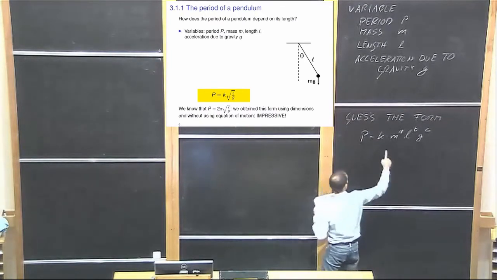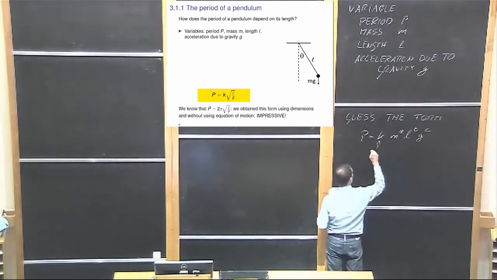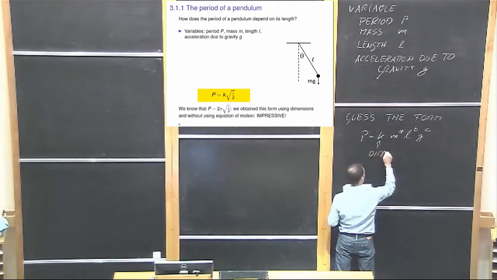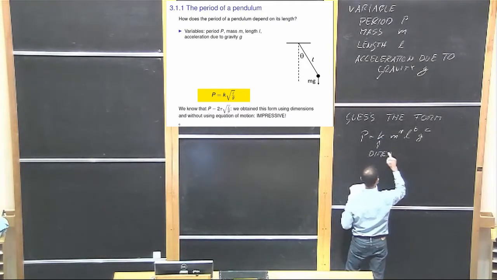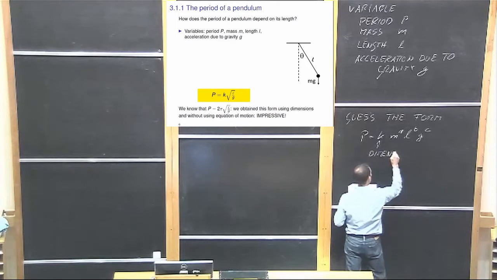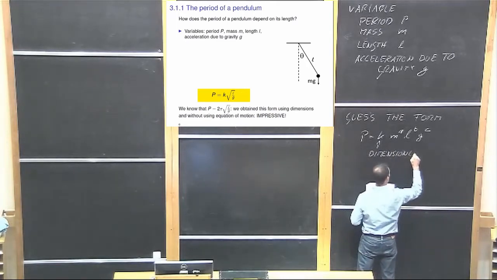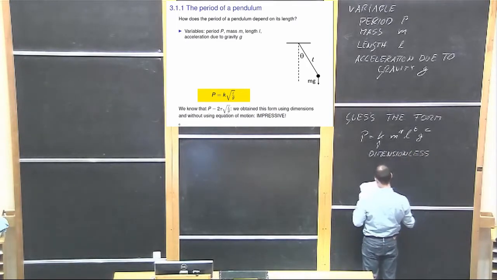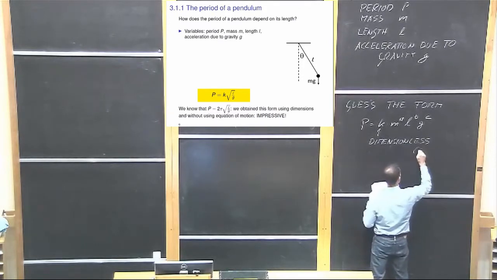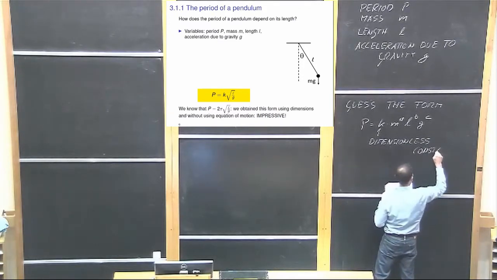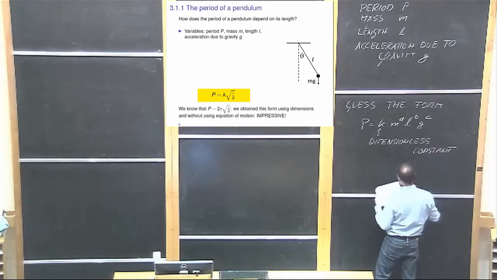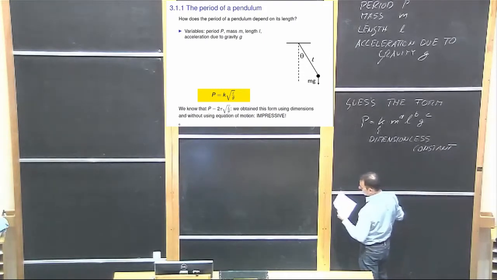And we've put in all these things. This is a dimensionless constant, which we can't figure out with that method, but for some of the initial things, it doesn't really matter.